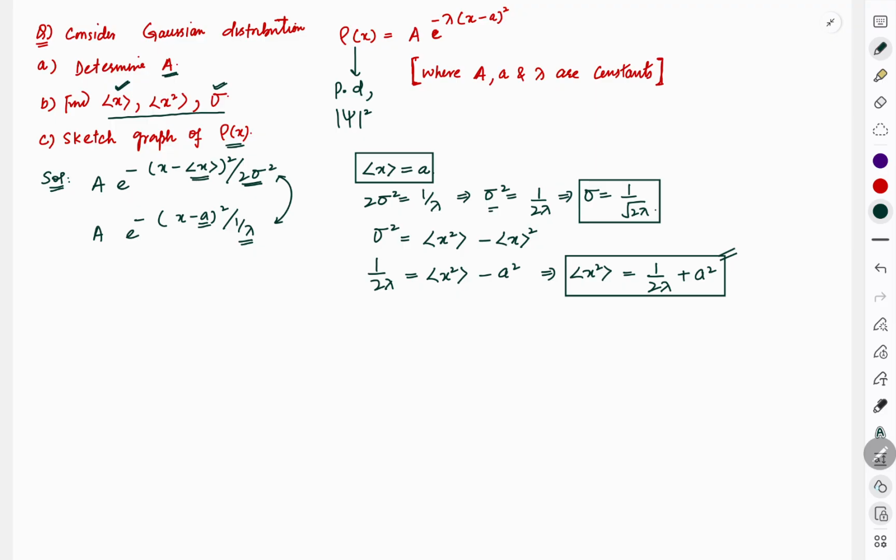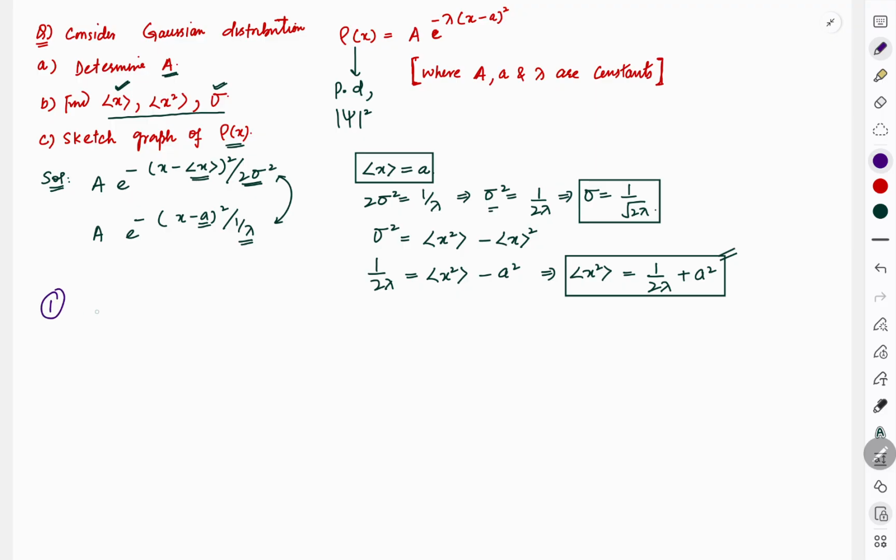Okay, so now let's solve it using mathematics and the very famous Gaussian integral. First of all we have to determine the normalization constant.